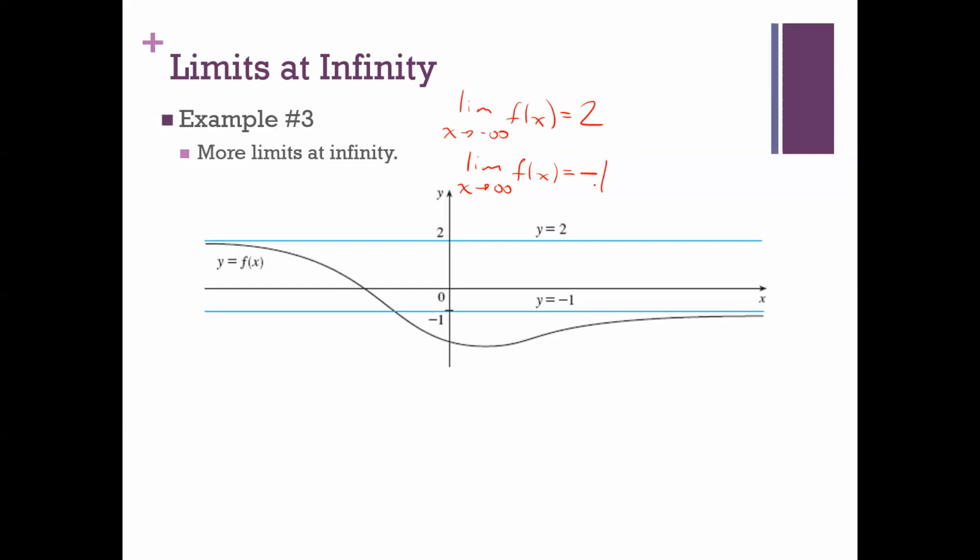So I'm going to revise what I said. I think what I said was, correct me if I'm wrong, it's on videotape now, you can only have one horizontal asymptote. And really, I need to revise that by saying this. You can have this situation: the limit as x approaches negative infinity of f of x might not be equal to the limit as x approaches infinity of f of x. One example that was brought up was those logistic functions, which very much behave like this. I'll sketch a quick example.